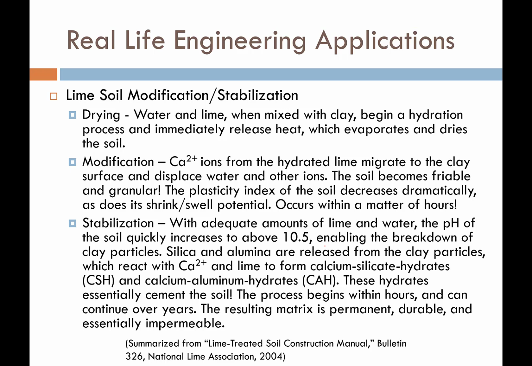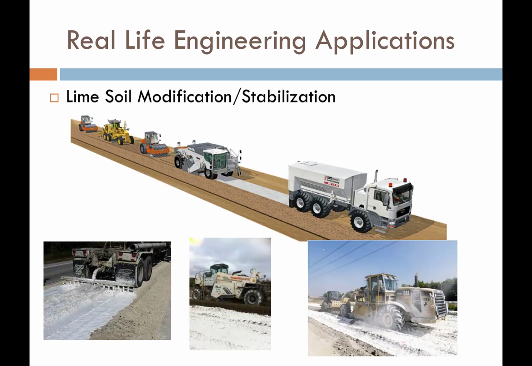And that resulting matrix of the soil produces a permanent, durable, and essentially impermeable layer of soil on which we can build pavements and things that normally don't respond very well to soil that has a high shrink swell potential.